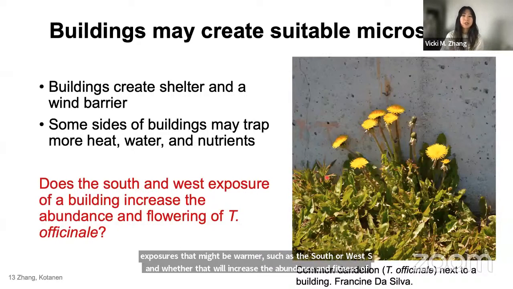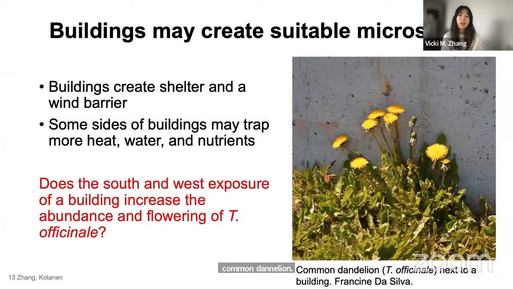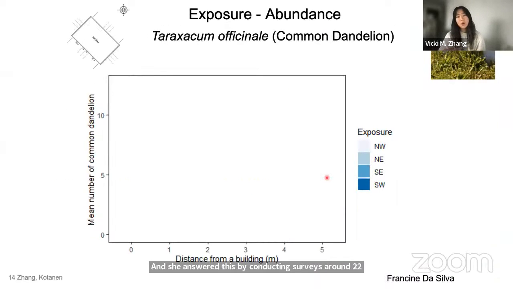And she answered this by conducting surveys around 22 buildings in Churchill. Because of the orientation of the Churchill town site, all the buildings were angled in a northwest, northeast, southwest, southeast exposure, and that's what I'm coloring here. And I'm showing you the average abundance of dandelions at varying distances from 0 meters to 5 meters away from the buildings.